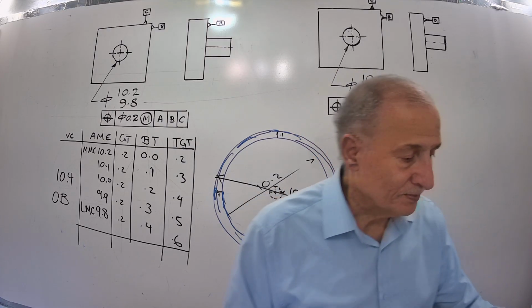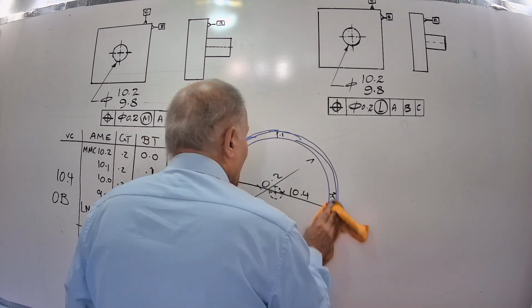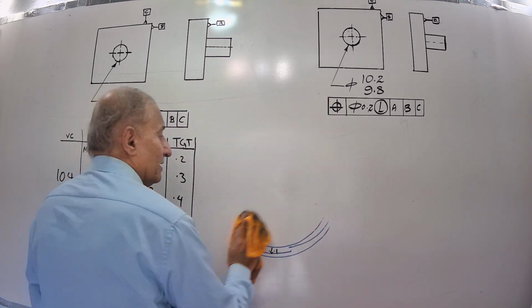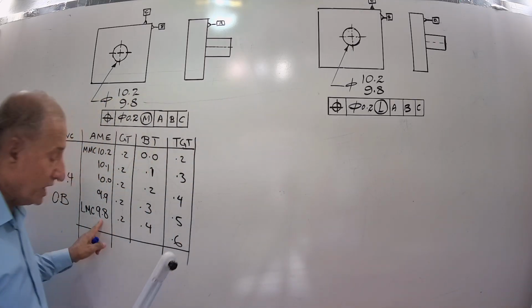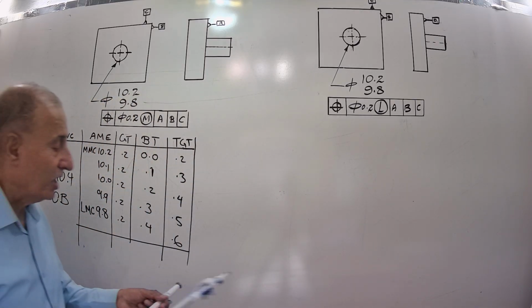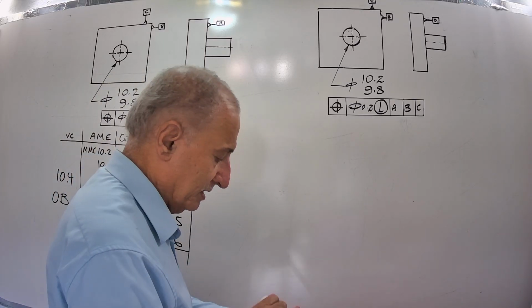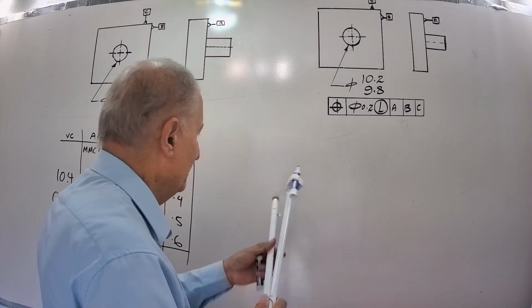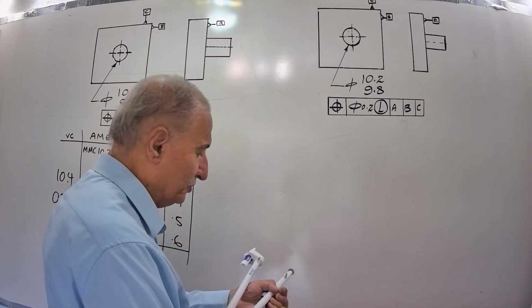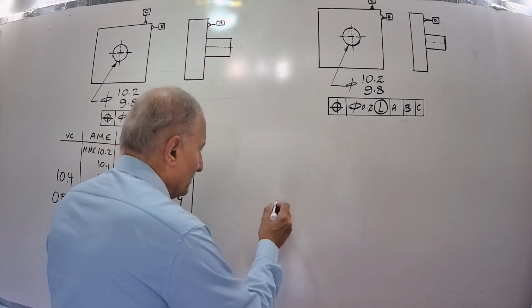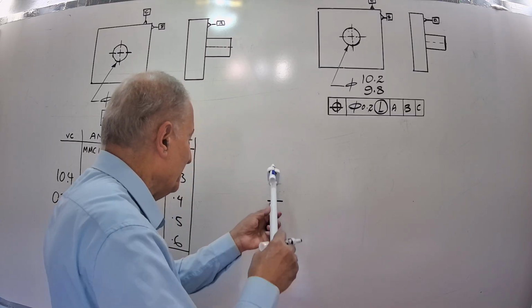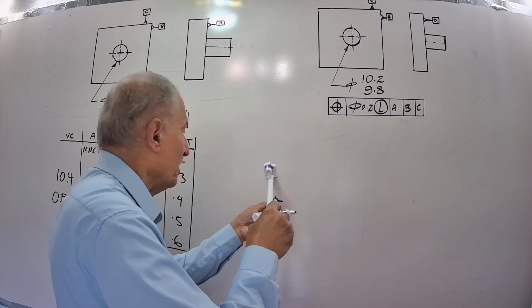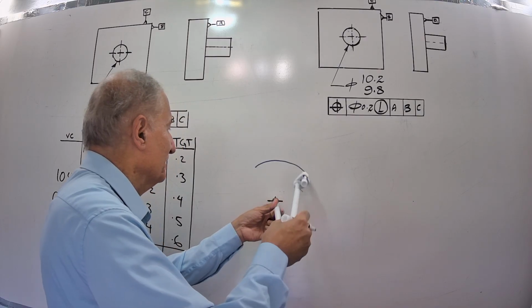Okay. What about inner boundary? Assume that we got the shaft at 9.8. At 9.8, let's say the exact true position of the axis is here. Draw a circle at 9.8.